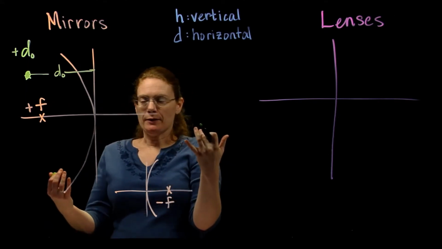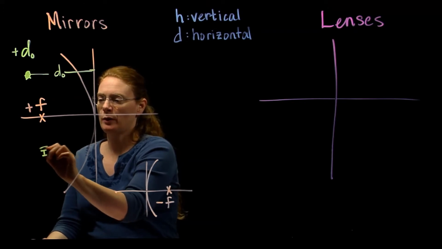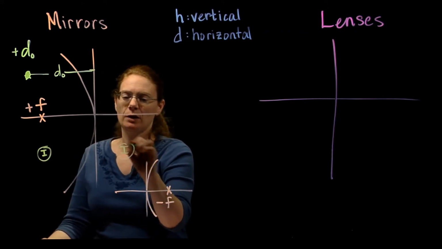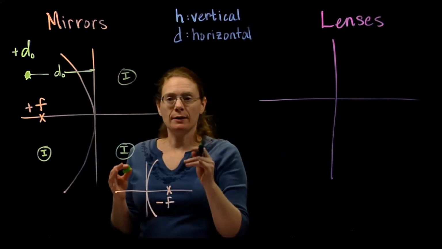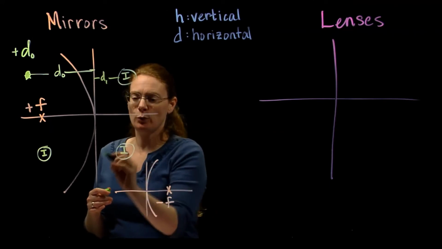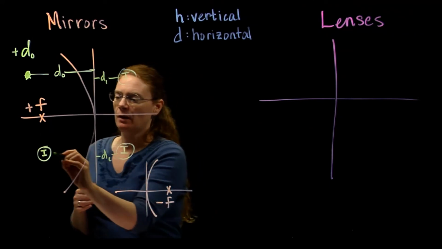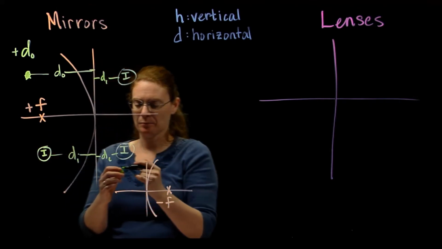DI can be different places. So you could have an image formed right here, you could have an image formed here, you could have an image formed here. DI is always, again, that purely horizontal distance to where that image is formed. So in all of these, DI is going to be from the image to that line.